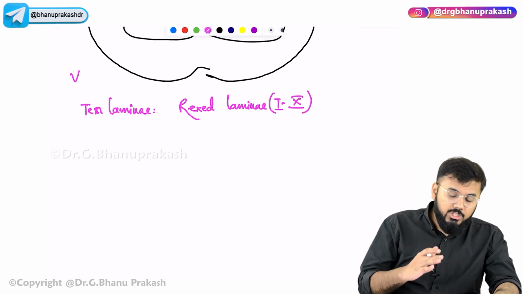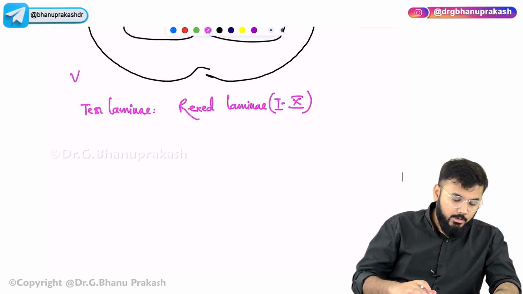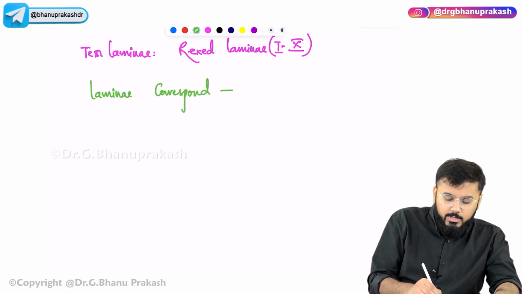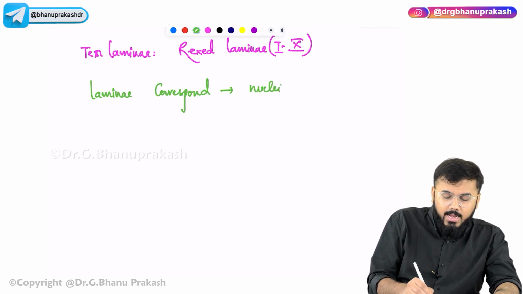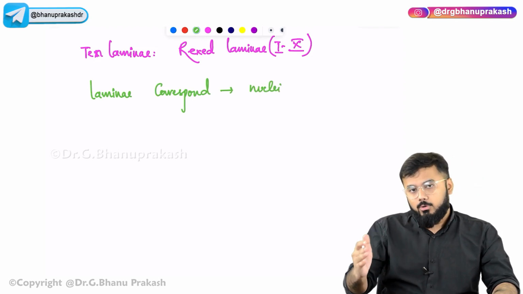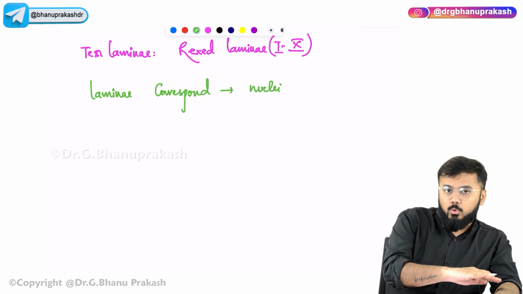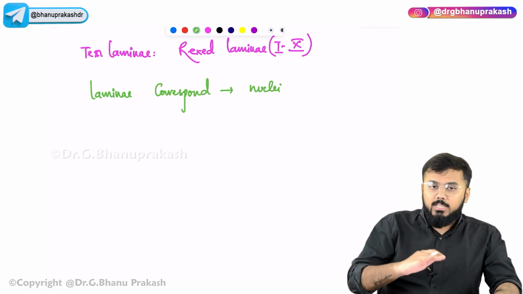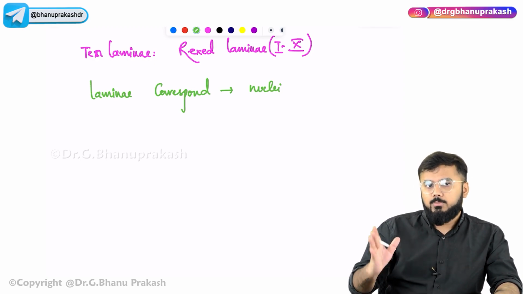Each lamina corresponds to a specific nucleus. For example, lamina 2 will correspond to a specific nucleus called substantia gelatinosa. In the same way, each lamina will correspond to a specific nucleus.